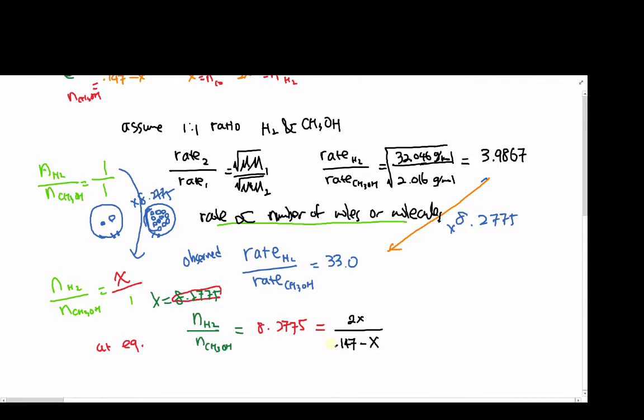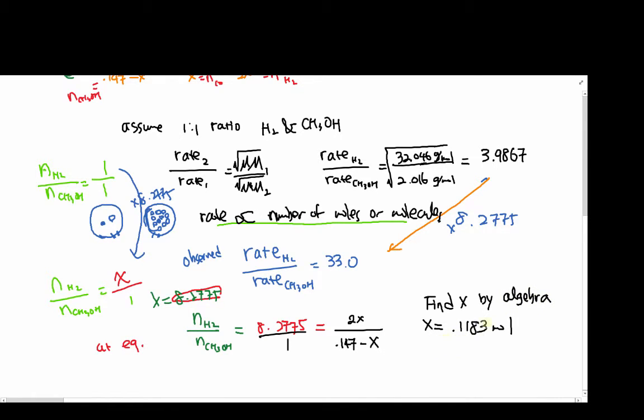At this level, you should be able to cross multiply and then find x. I'm gonna leave it up to you. You should find x equals 0.1183 mole. So find x by algebra.